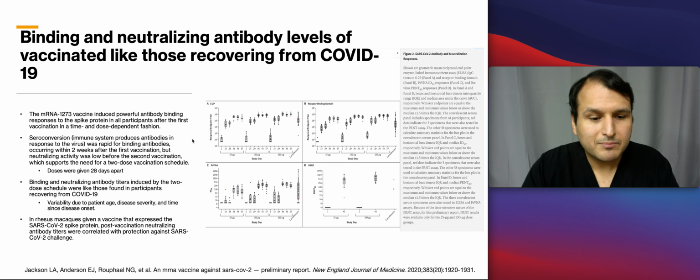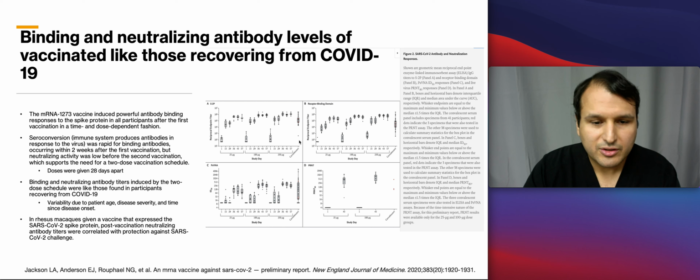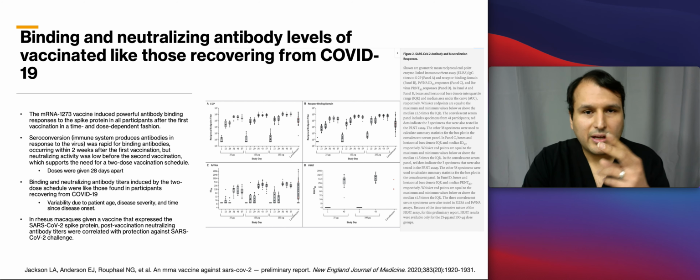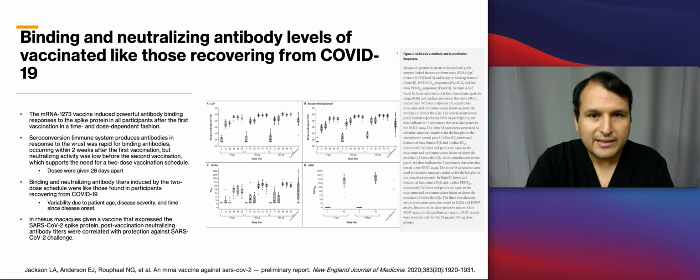So we're going to talk about antibody levels. Just focus on the first top two. This is the spike protein, this is the receptor binding domain. We give the first shot. Remember, there's two shots: day 1, and then day 28 for the Moderna vaccine is shot 2.